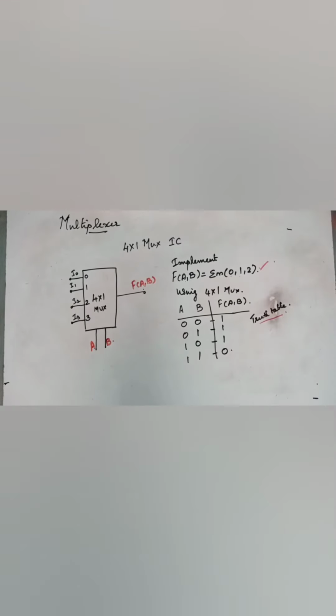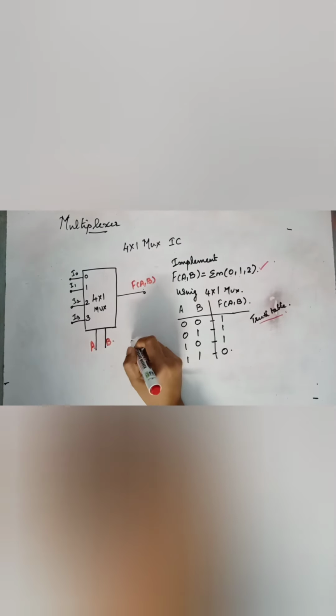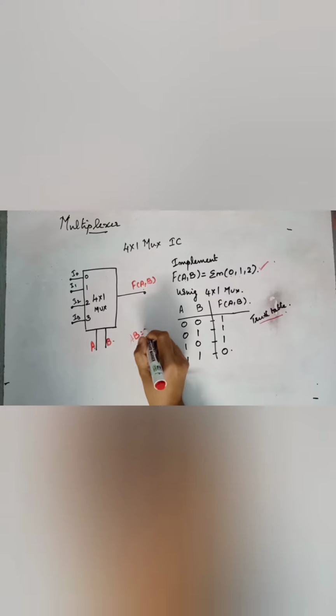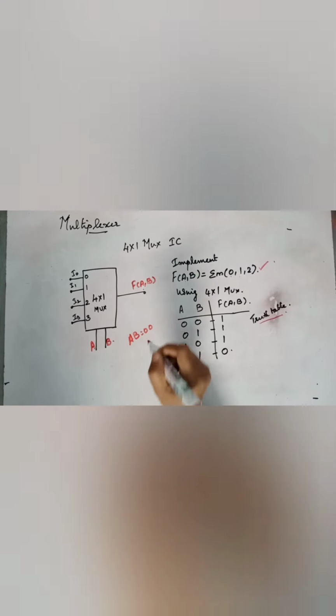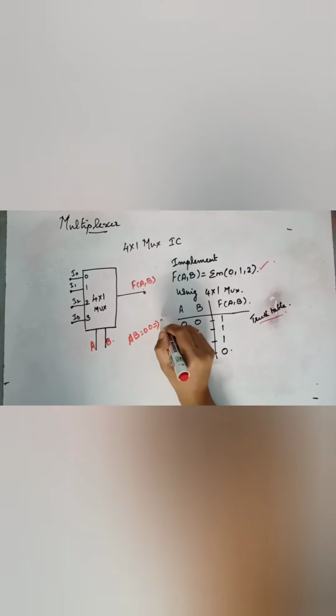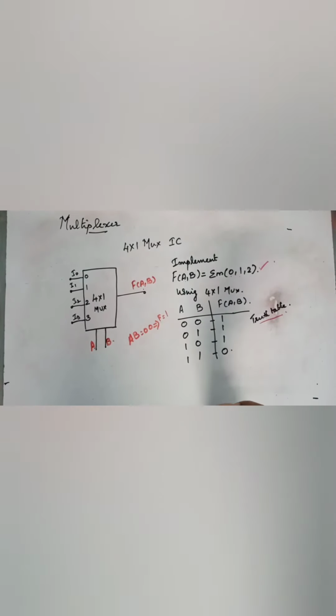So my output should be 1 when AB equal to 0 0, and when AB equal to 0 0, I0 is selected and propagated to function of AB, then what should I0 be? That is, when AB equal to 0 0, function of AB should be equal to 1. This is my question.